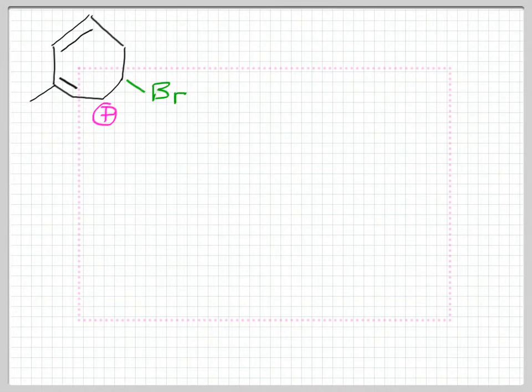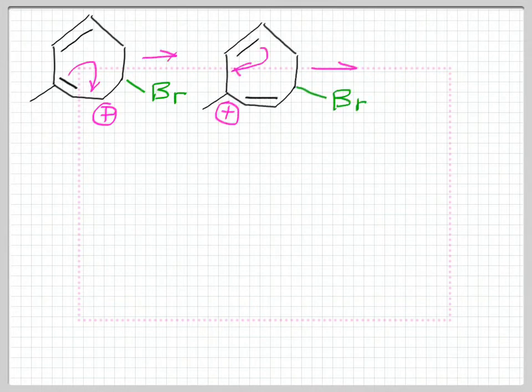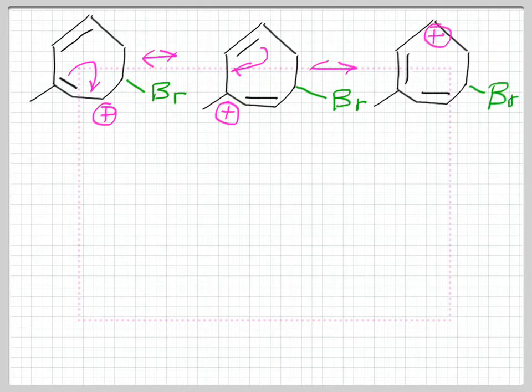So what I'm doing is using the attack that we said was preferred and drawing out all the resonance forms. Now, if you were not sure how I did the previous page as far as the locations of the positive charge, you now see the exact mechanism for how that's done, and we have that right over here with the electron flow.